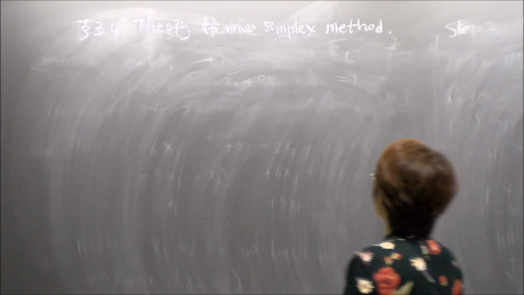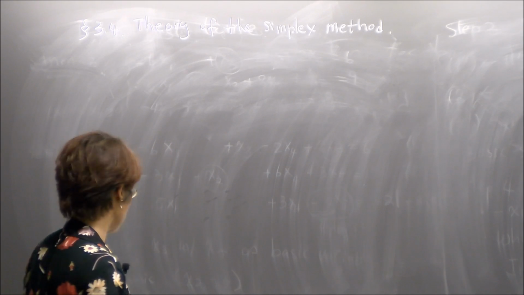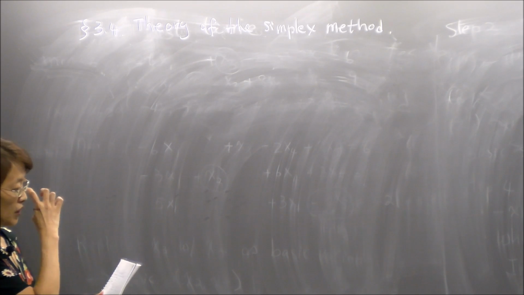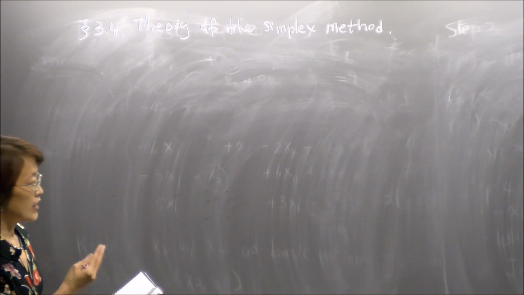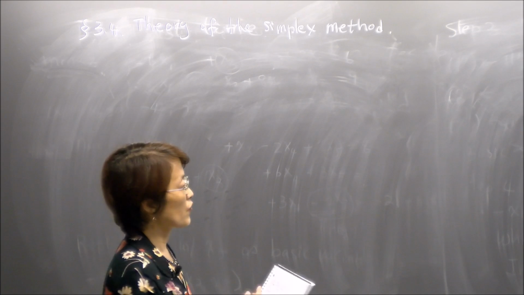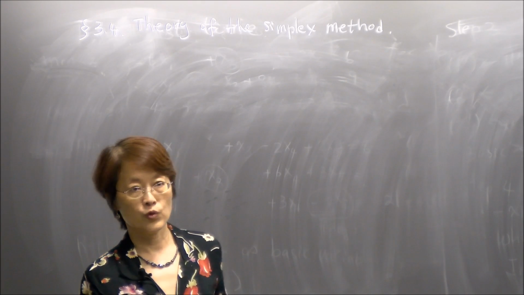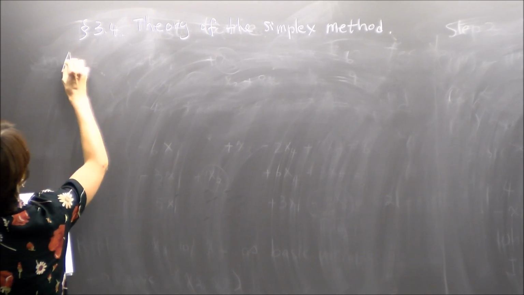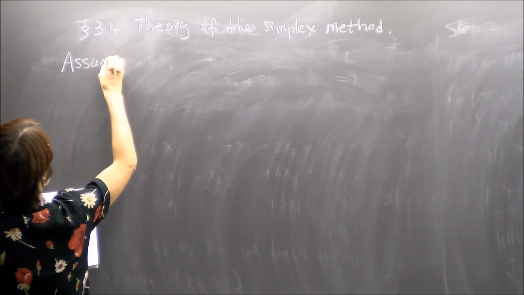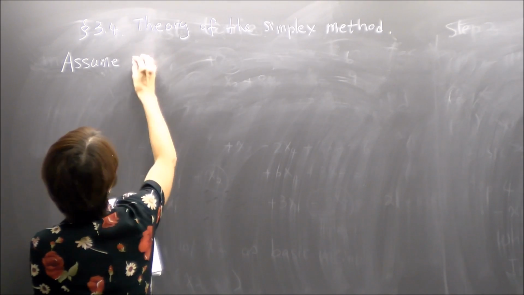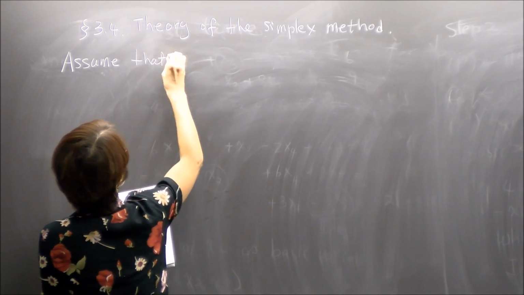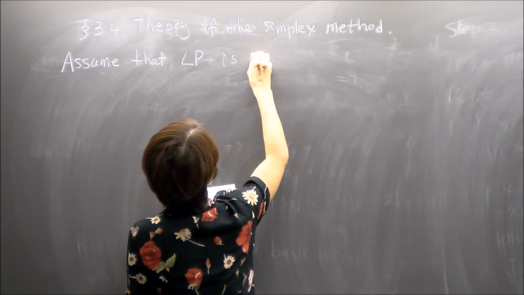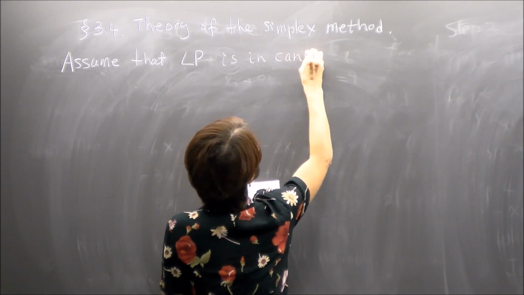All right, let's talk a little bit about some theory. As we have seen in our summary, the algorithm starts from a canonical form. So we have to write that down. That's our assumption, and how to get there we'll talk about later. So assume that the linear programming problem here is in canonical form.